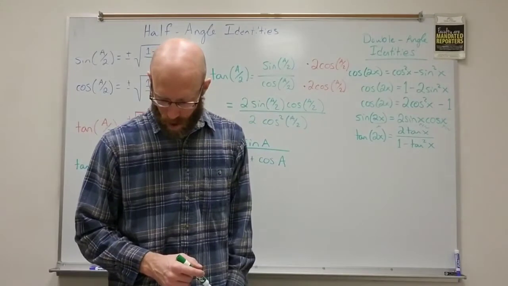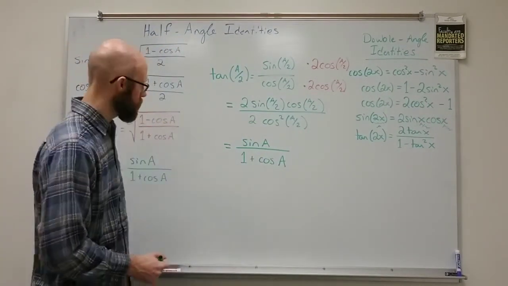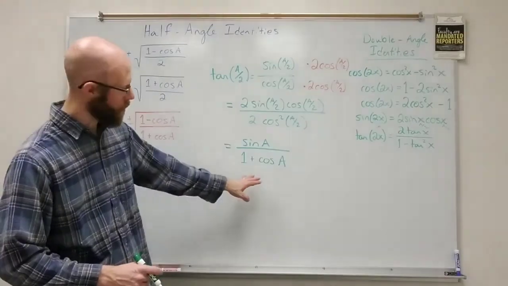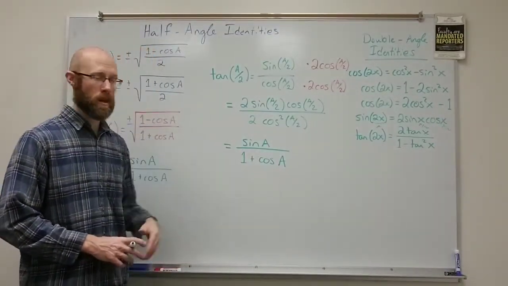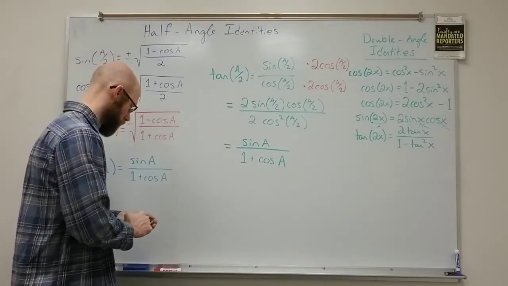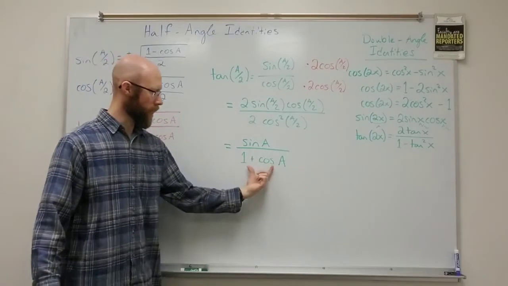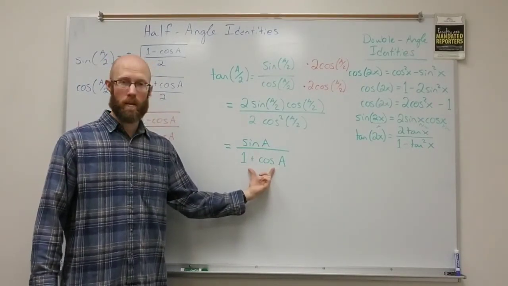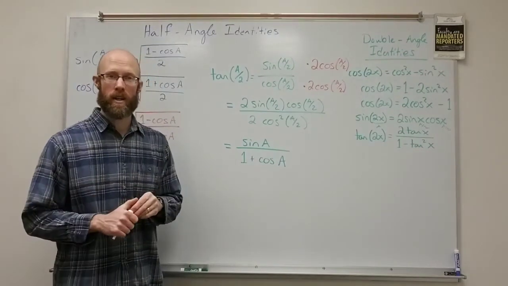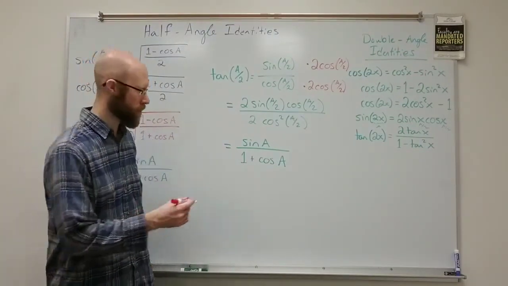The other thing, the other formula comes from a little trick that we can do with this formula. We can multiply the top and bottom by the conjugate of the denominator. Now, we've done this before, but in different contexts.